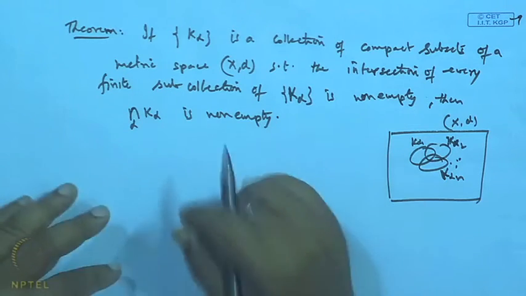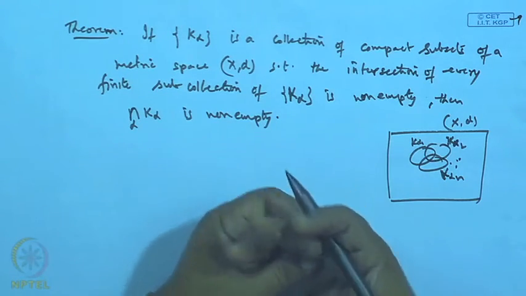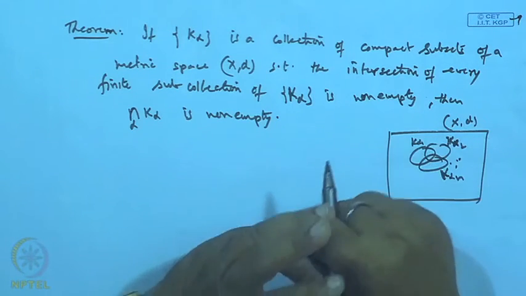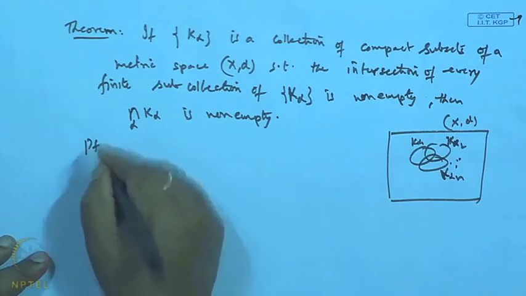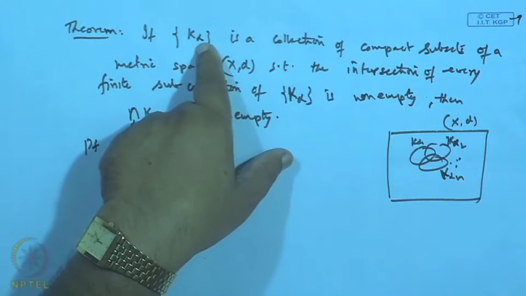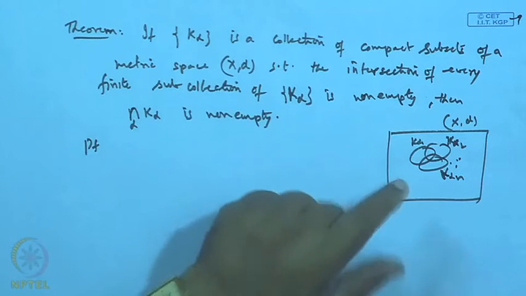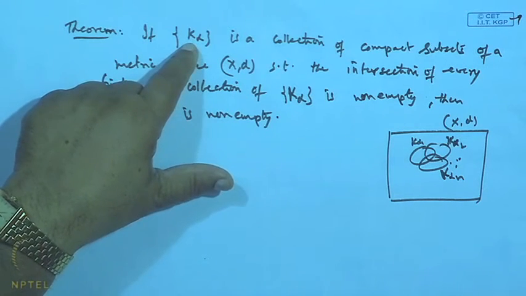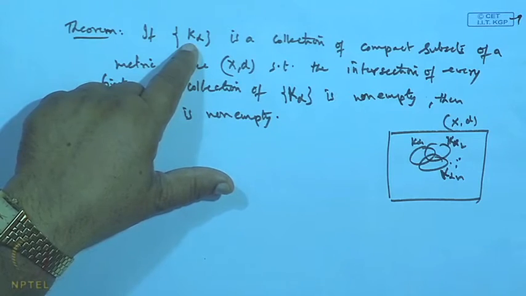So, this we will prove by contradiction. What we will do is pick up one of the sets out of K alpha, say K 1, such that no element of that set K 1 belongs to each K alpha.